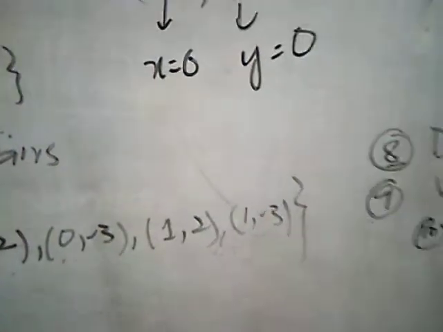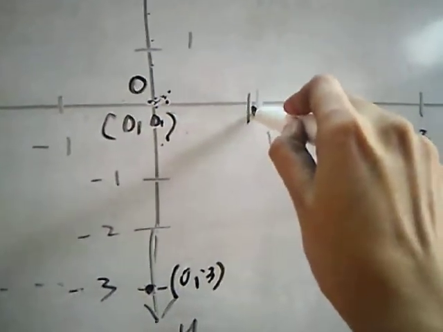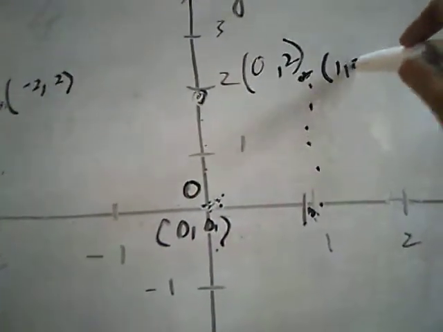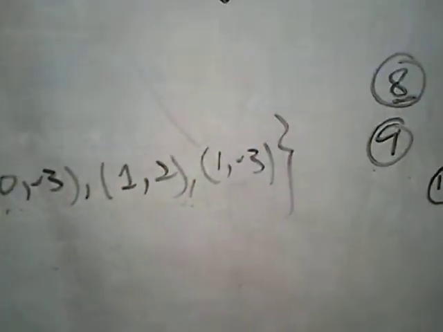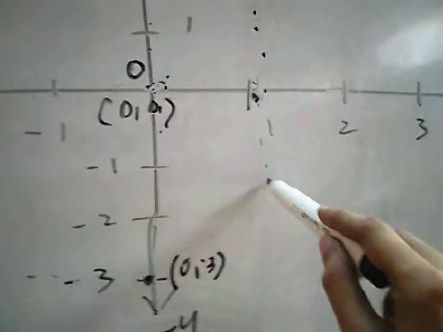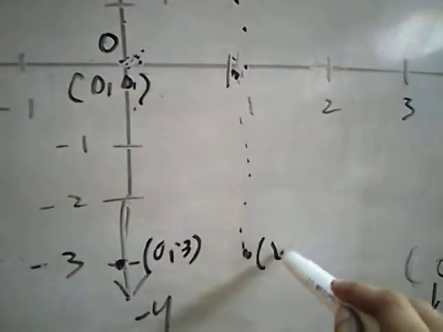Then the 1 and 2 ordered pair: moving rightward 1 unit, and the other is 2, moving upward by 2 units. So this point is 1 and 2. Last one is 1 and minus 3, moving rightward 1 unit, and minus 3 moving downward by 3 units. This is 1 and minus 3.